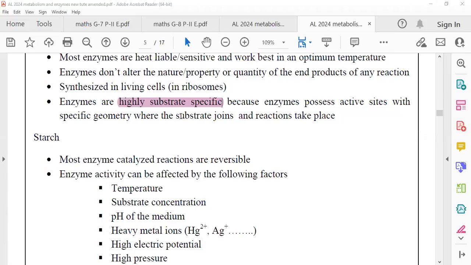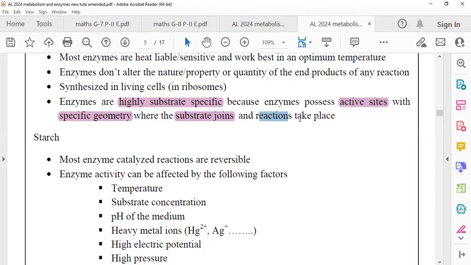Yes, sir. Good. So enzymes are highly substrate specific. In them, there are places called what? What is the name of the place? Active sites. They have a specific geometry. Substrate has to join that active site.